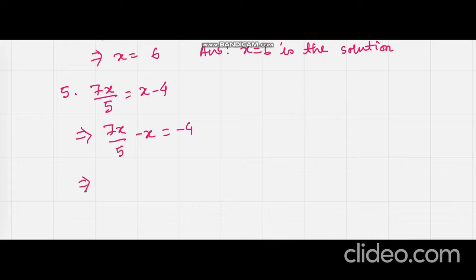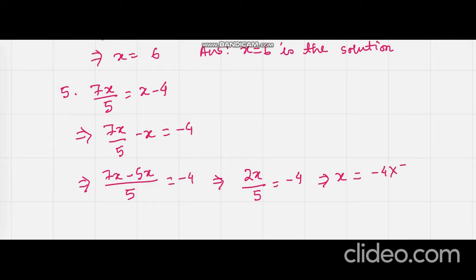Then we can take the LCM, so it will become 7x minus 5x by 5 equal to minus 4. Then we have 2x by 5 equal to minus 4. So now x equal to minus 4 into 5 by 2. If we cut, this becomes 2, so minus 2 into 5, that is minus 10.